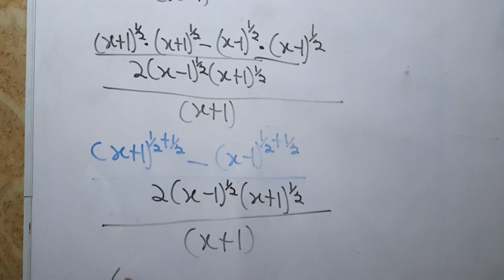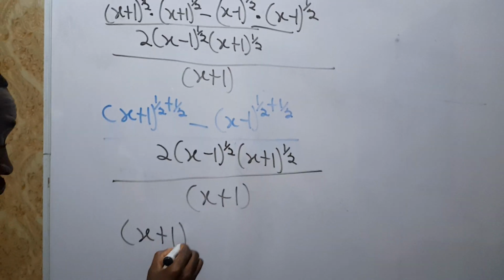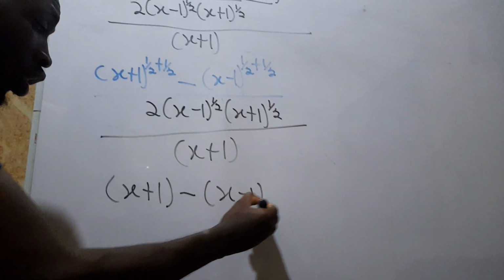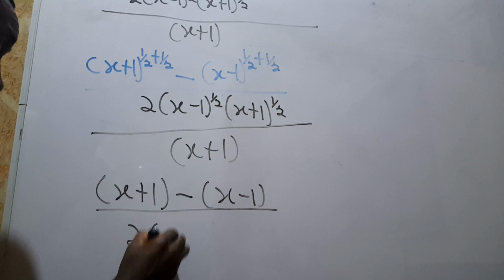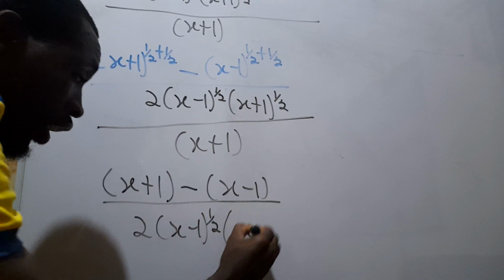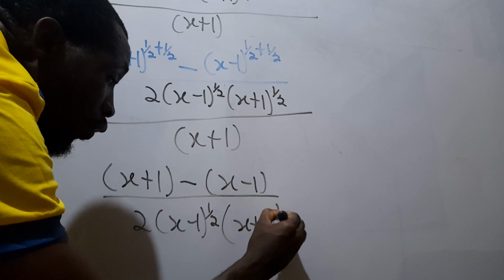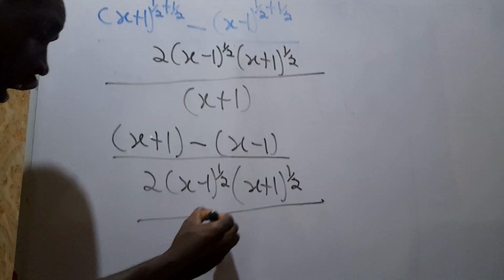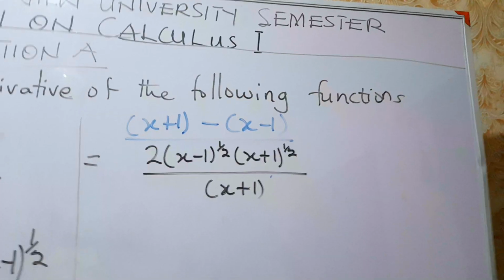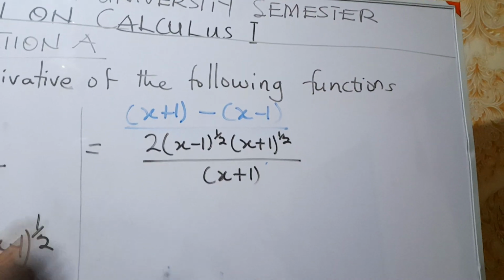So we'll be left with x plus 1 minus (x minus 1) for these two, all over 2 times (x minus 1) exponent half times (x plus 1) exponent half, over x plus 1. So I'll simplify the top.